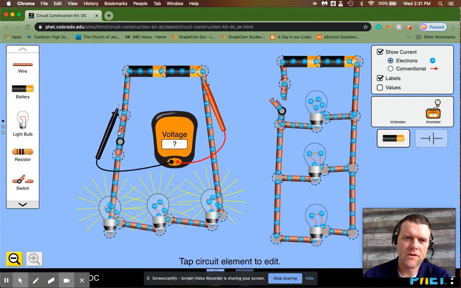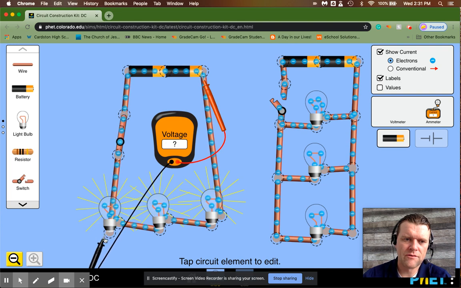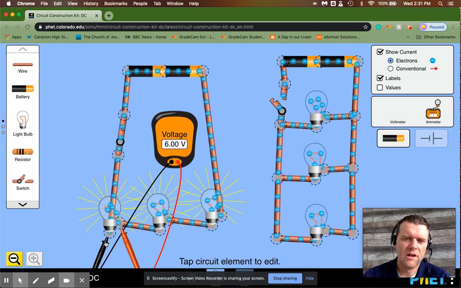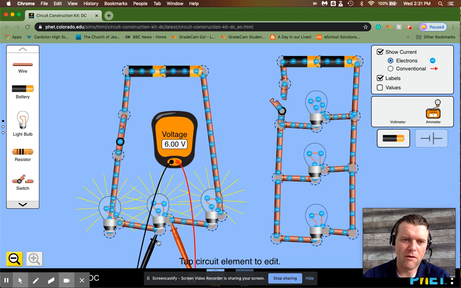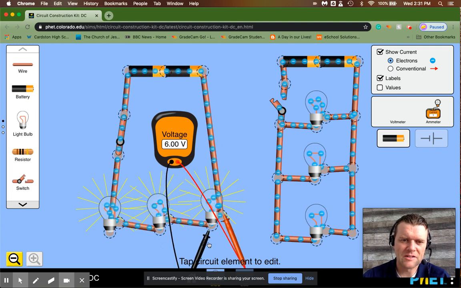Now, if I come down and I measure the voltage across each light bulb, whoops, I got to get that one to touch it. It's only 6. That one's only 6 volts. And from there to there, it's 12. But if I just go over each individual light bulb, I only get 6 volts.